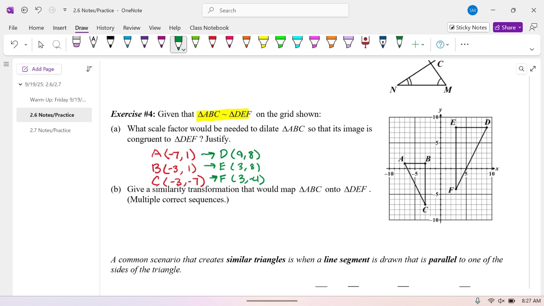What did they typically give us in order for us to find the scale factor? They gave us what feature? 2 sides.